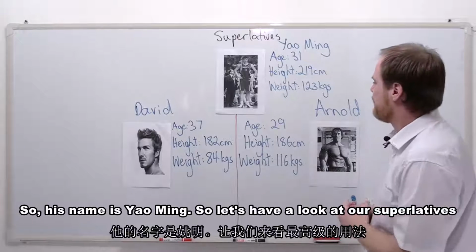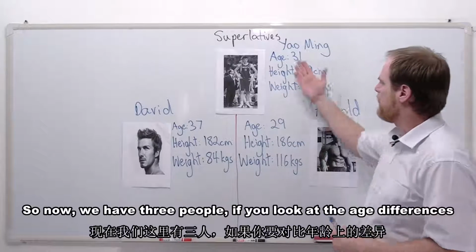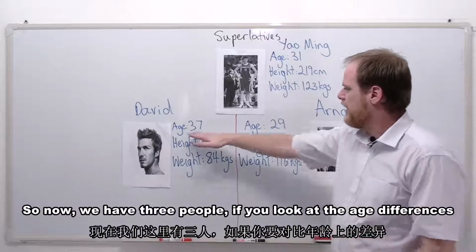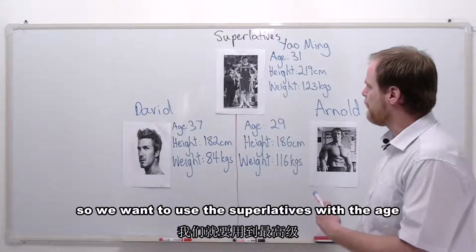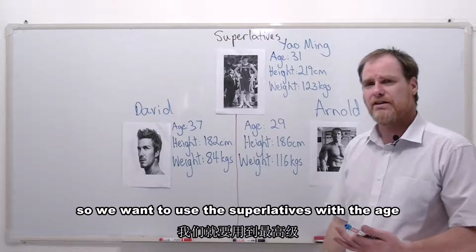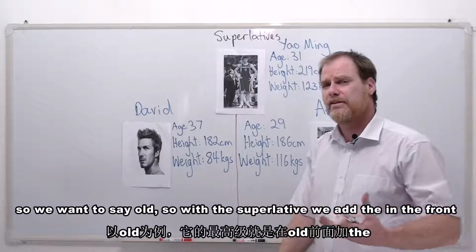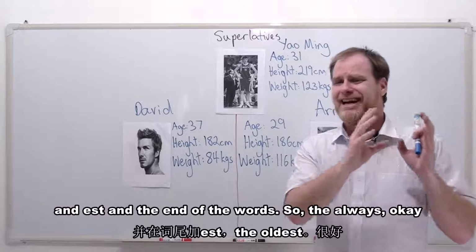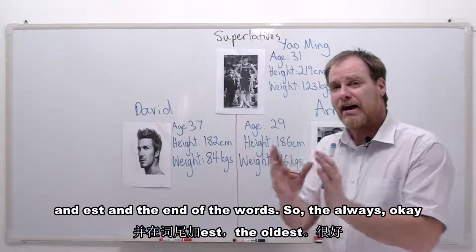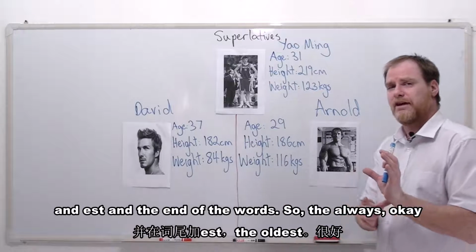All right, so let's have a look at our superlatives. Now we have three people. If we look at the age first, we want to use our superlative with the age. So we want to say old, right? With the superlative, we add "the" in the front and "est" at the end of the word. So the oldest, okay?